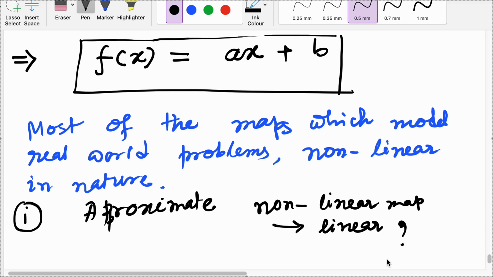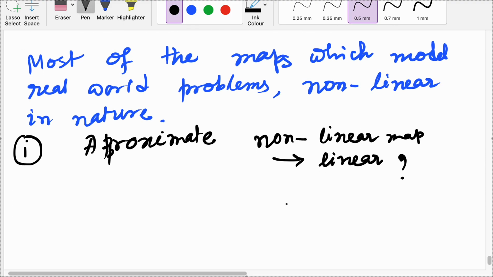This is our question. We will see that yes, we can approximate a non-linear map by a linear map to analyze it.